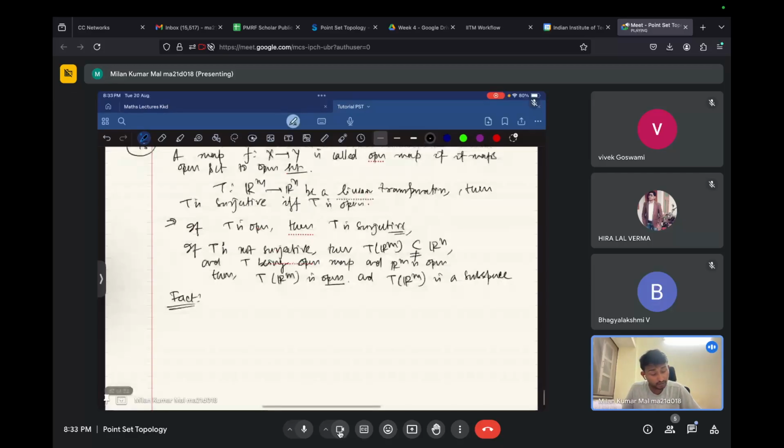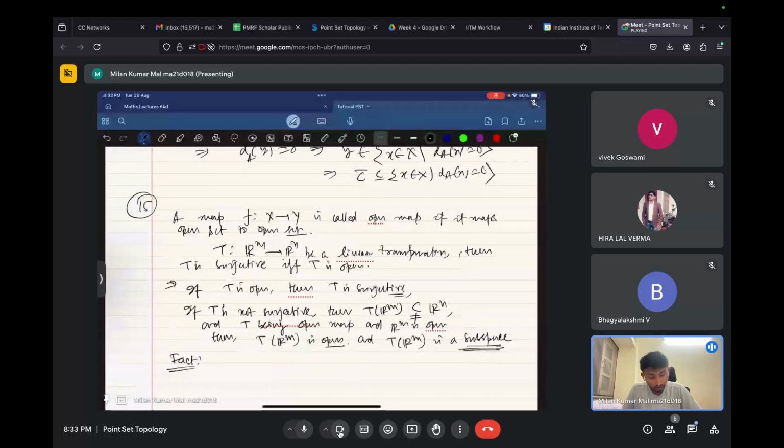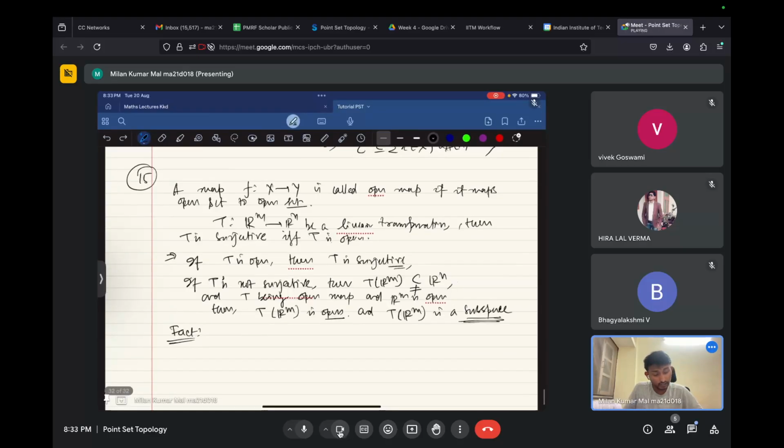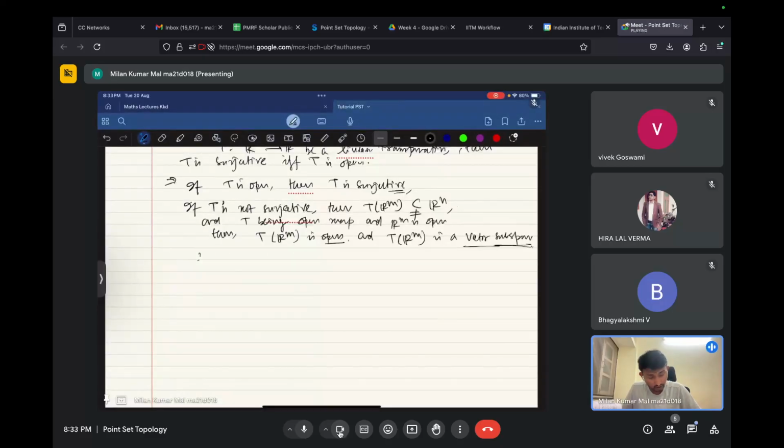Now, this subspace is not in the topological space sense. R to the power n and R to the power m are vector spaces, with addition and scalar multiplication. In that sense, it is a vector space. So T of R to the power m is a vector subspace of R to the power n, right?